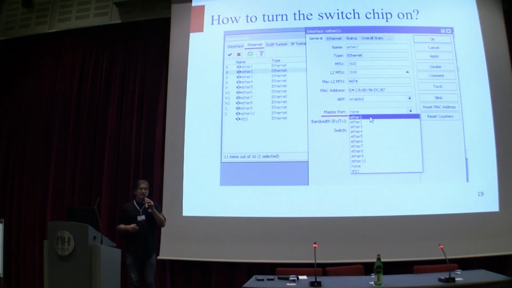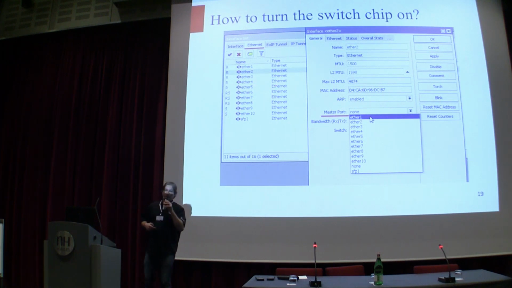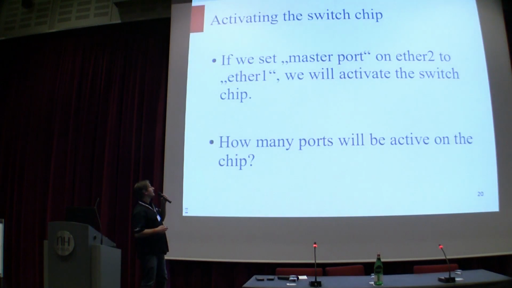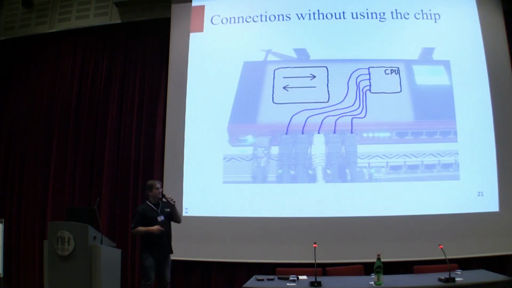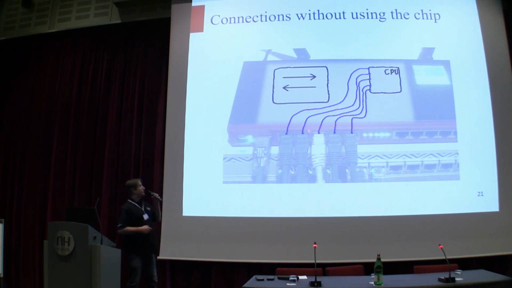For example, I take the Ether 2 interface, and I select that the master port for the interface would be Ether 1. I have this situation, and I want to bridge Ether 1 with Ether 2. So I set for Ether 2 the master port to be Ether 1.